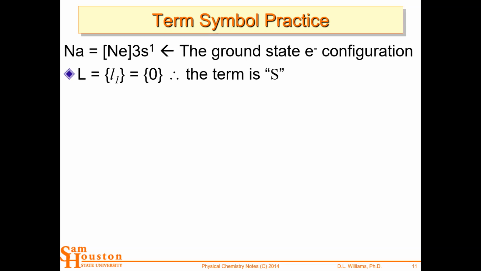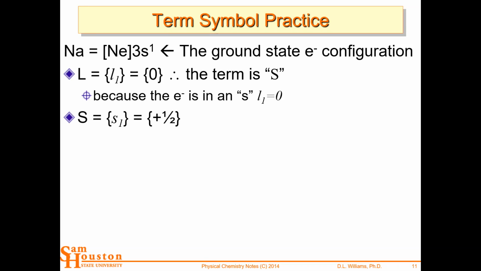Now we're going to calculate the total spin. Okay. And so it's plus 1/2. And so in terms of this particular capital S, it's going to be plus 1/2, which is the total spin for that atom. And then 2S plus 1 gives a doublet. So we're going to have a doublet S term. The superscript prefix is going to be 2, and the capital S for our atom term.